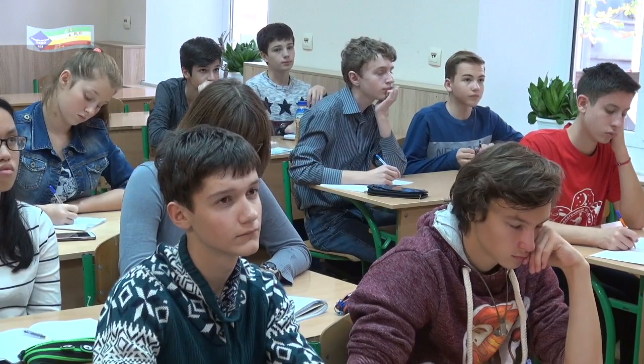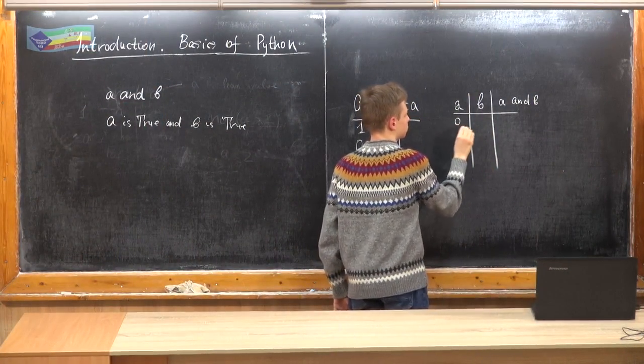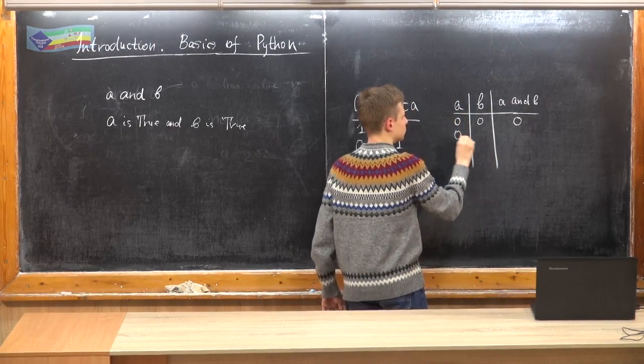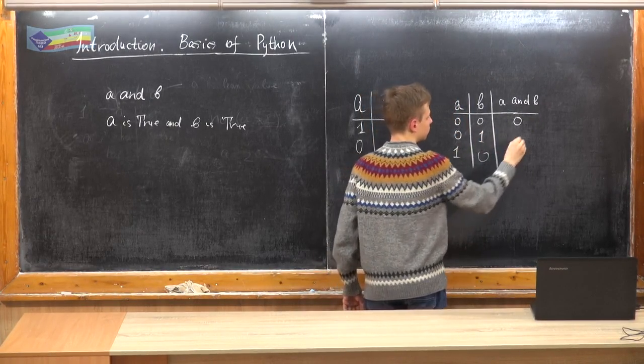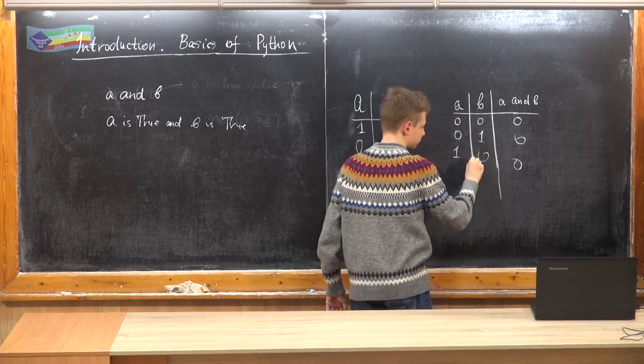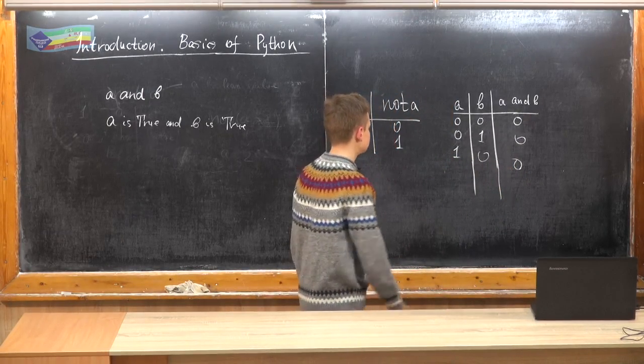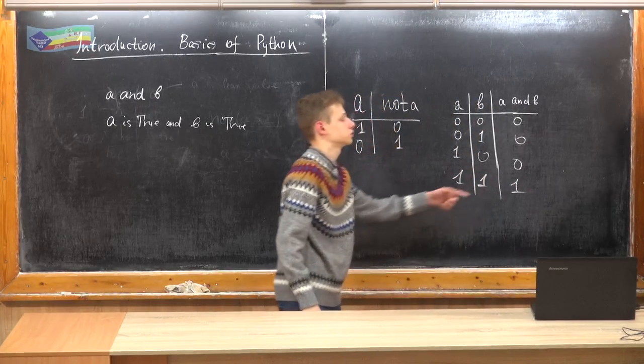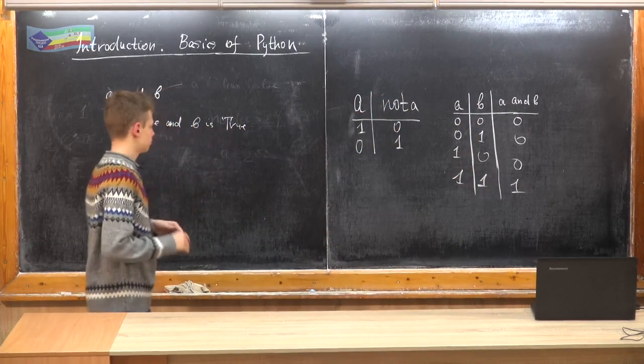So A and B. If A is false and B is false, AND is obviously false. In the same manner, the mixed cases are false. And finally, only if they are both true, AND will give you true.